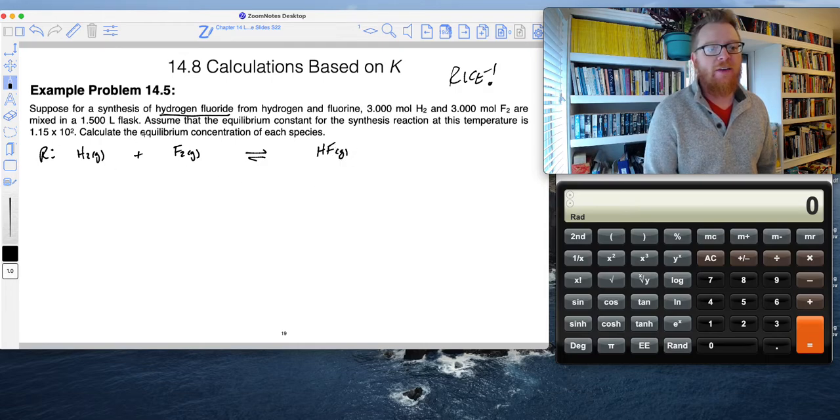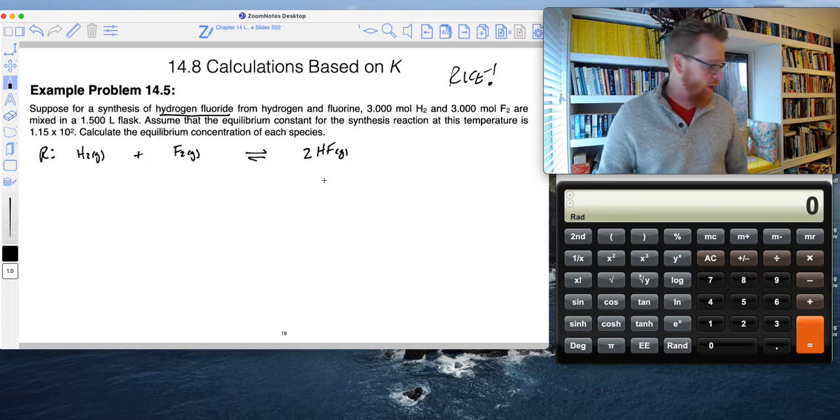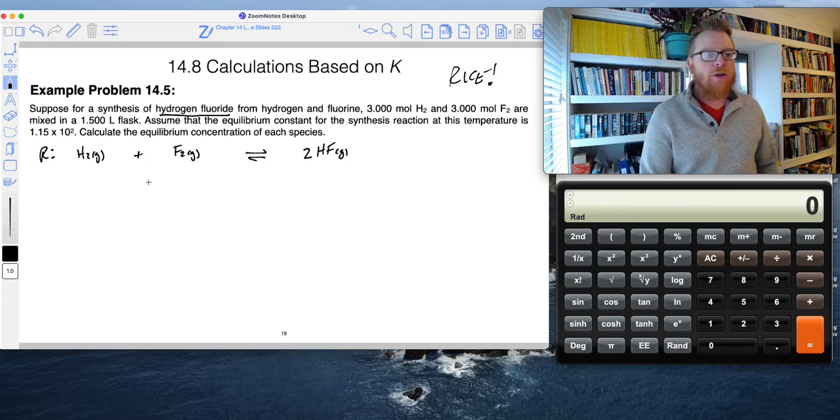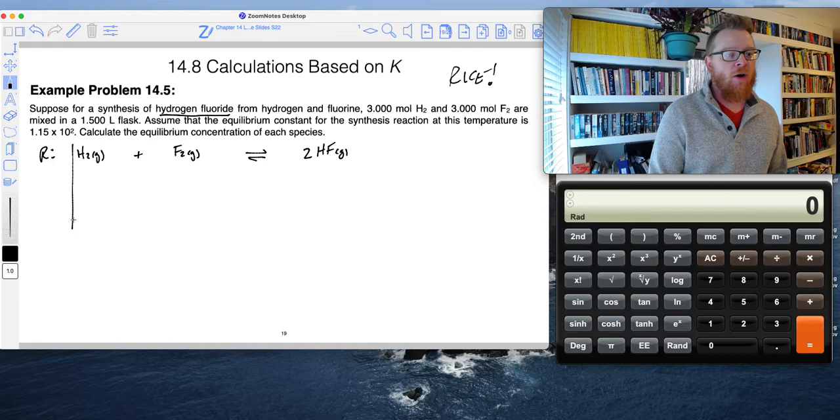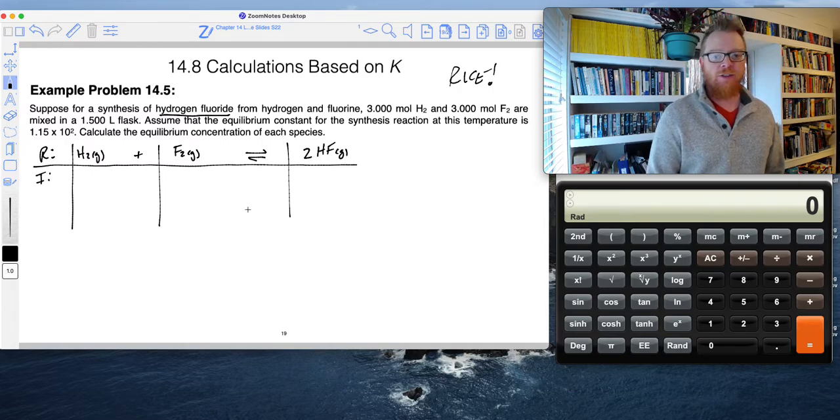Since we weren't given any way of balancing this, I'll just balance it with 1 hydrogen, 1 fluorine, and so I need 2 HF to make that all balanced. Okay. So there is my R. Let's get our grid going here. Okay. So now we're ready for I, our initial concentrations.